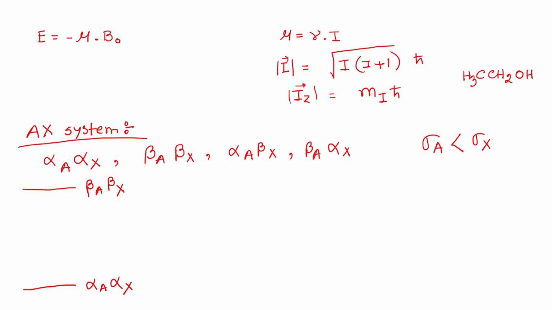But here, we can actually play around with the magnetic field to get a better splitting or lesser splitting. You get it? How much the splitting will be, we can decide on how strong a magnetic field we provide. And alpha A beta X and beta A alpha X are going to be somewhere here.